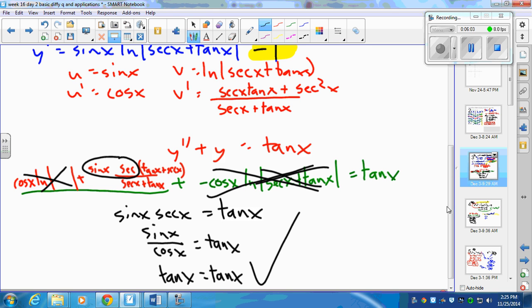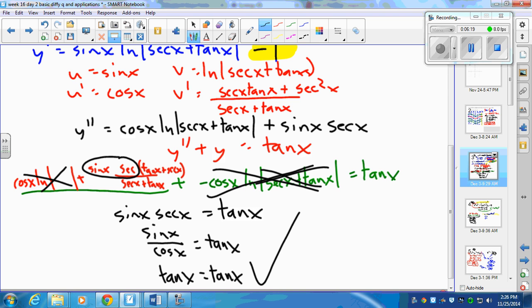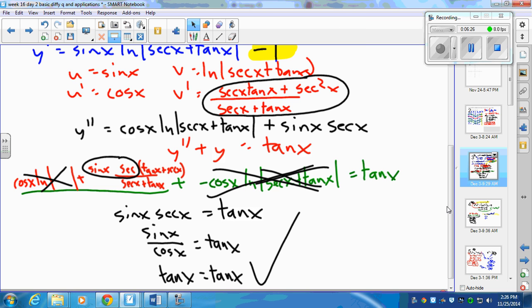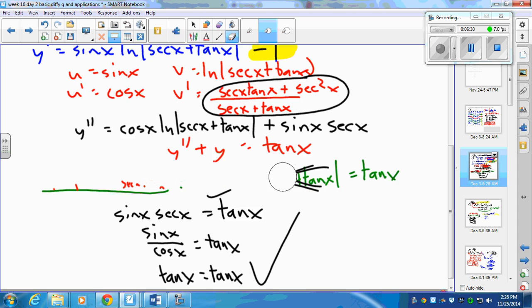Y double prime would be cosine x ln of secant x plus tangent x, and then you're going to be left with plus sine x secant x. This part, again, just goes to a secant x.